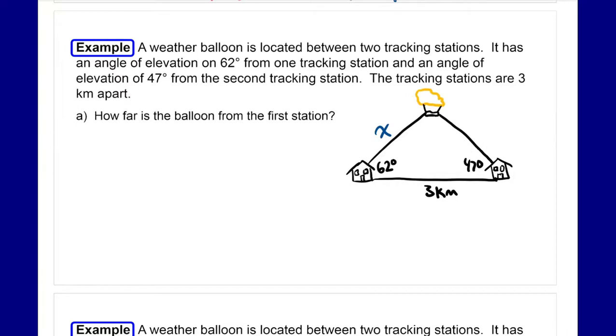But we could figure out this missing angle: 180 minus 47 minus 62. We should get 71 degrees. So clearly it's not a right angle triangle, which means we must use a different law or formula. Because we only know sine law right now, that's what we're going to use.